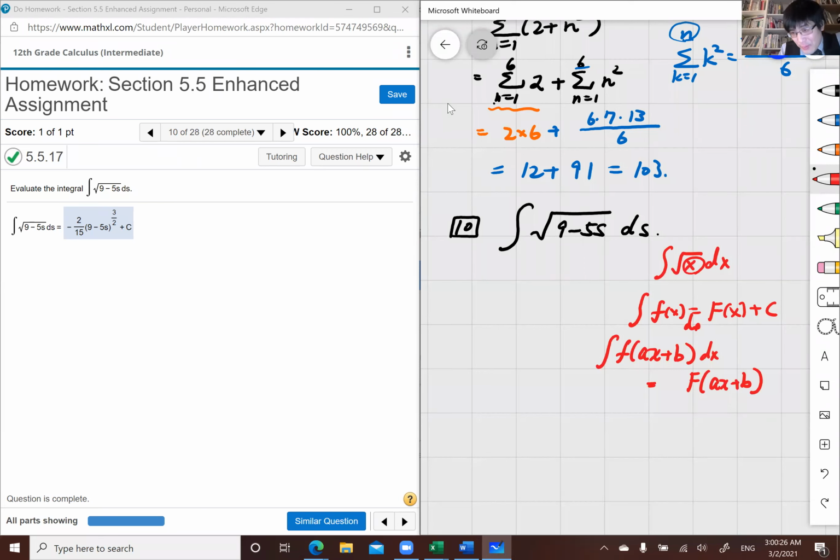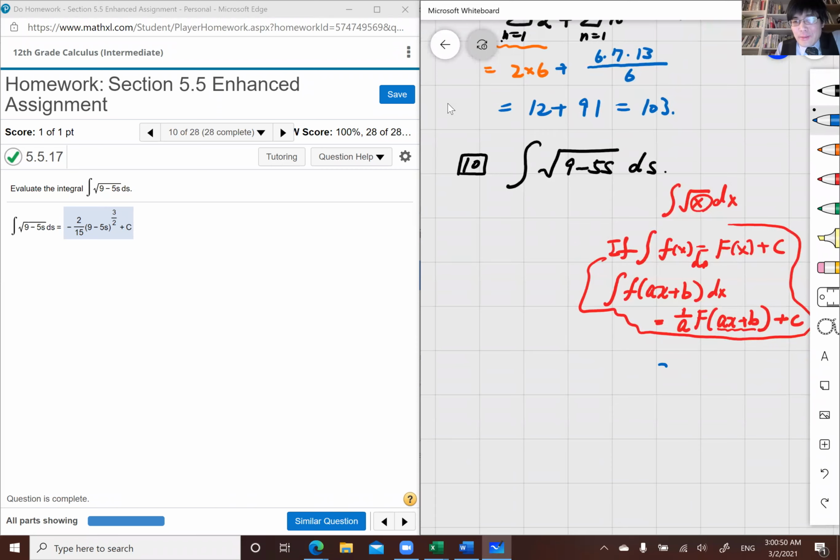But because of the chain rule, you have to be careful to divide by a. If this is the case, you can use basically the same integration formula, as long as there is a linear term inside.